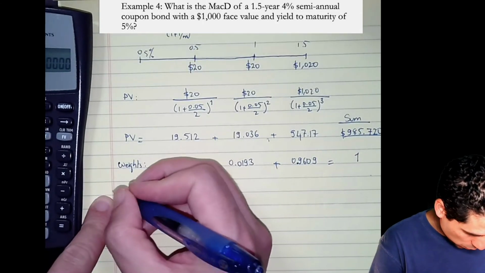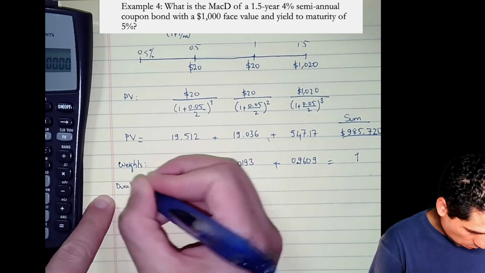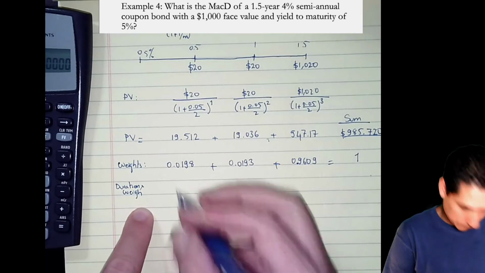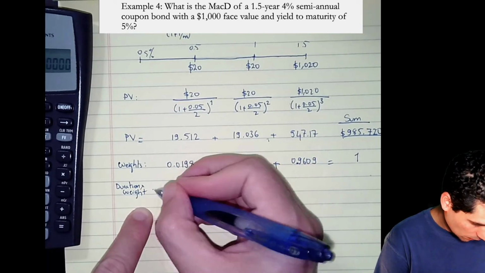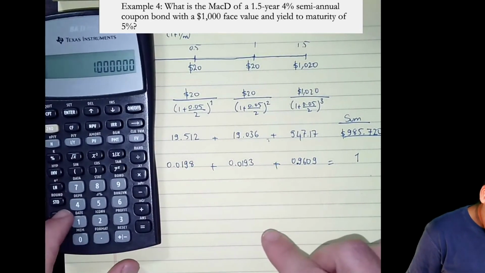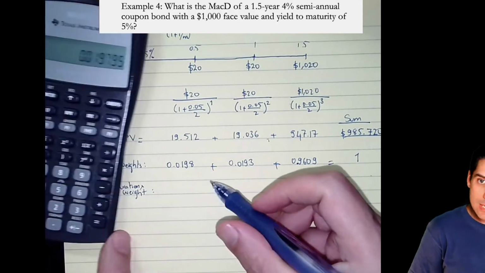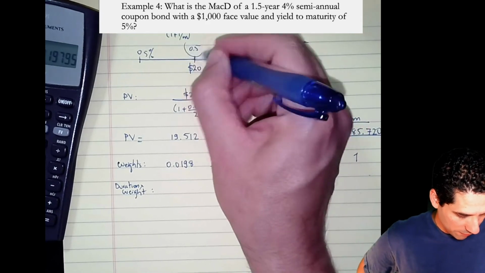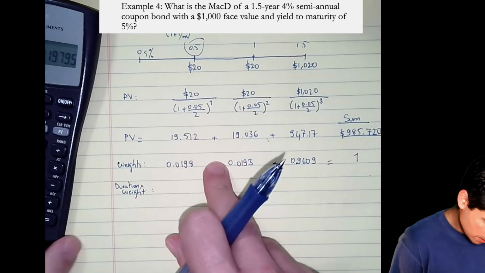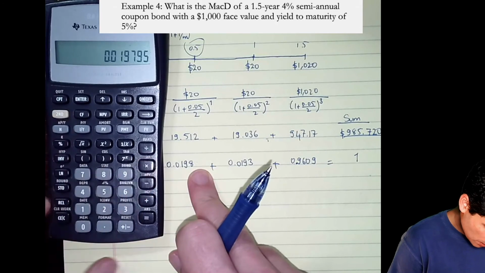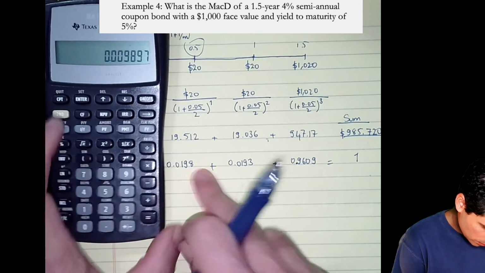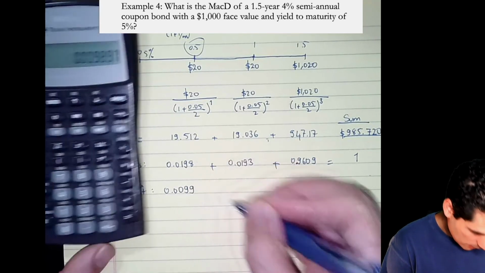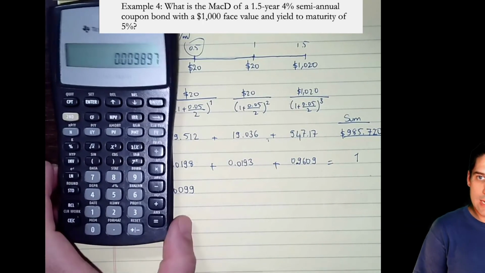And then the last step is the duration of each cash flow times the weight of each cash flow. So the first one is recall 1 times, and this is important, the duration of this cash flow is 0.5. So this weight times 0.5 is 0.0099. Store 1, because I need this number later.